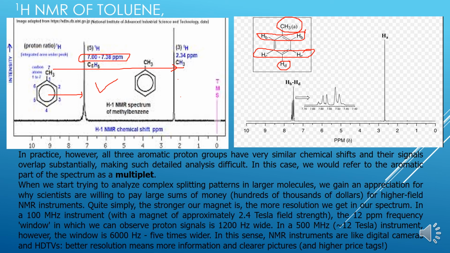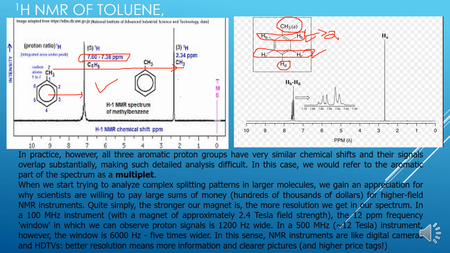So, in our aromatic protons, as I said in the beginning, there will be three different environments: Hb protons, Hc protons, and Hd protons. Remember, Hb has only one neighboring proton, therefore it splits into a doublet.